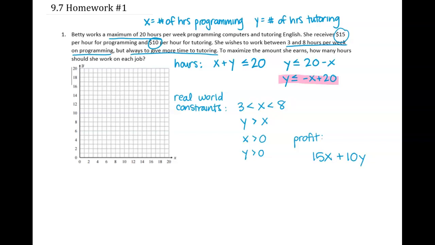So now let's graph. If we look at this equation first, y is less than or equal to negative x plus 20. We have a y-intercept of 20. Slope of negative 1, so down 1 over 1, down 1 over 1. It's really just going to go all the way down here. See if I can draw a decent line here, and it will be dotted.